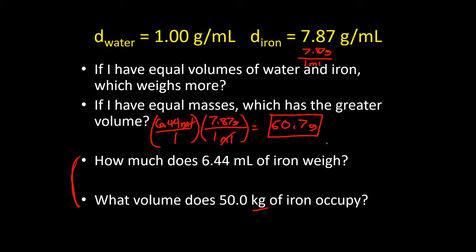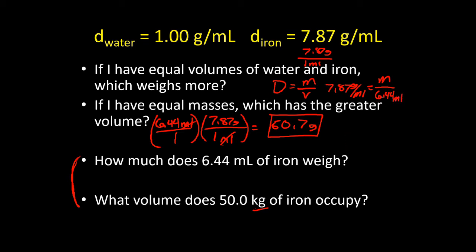Now the other way, which in reality is the same, but feels different, is to just use the density is equal to the mass divided by the volume equation. So you could take the density, plug that in here, so you would have 7.87 grams per mil is equal to the mass, which is what we're trying to solve for, divided by the volume, which is 6.44 mils.